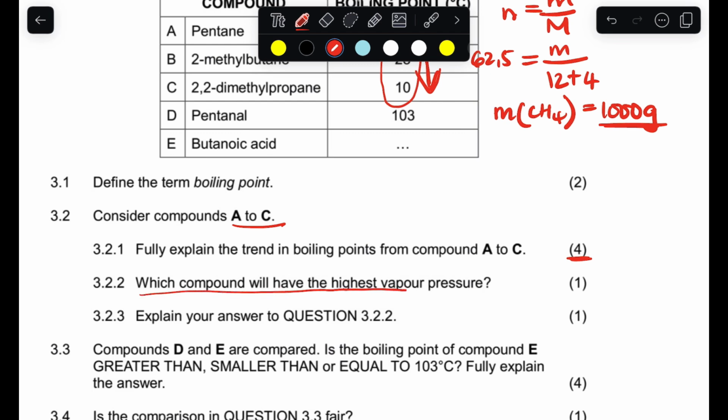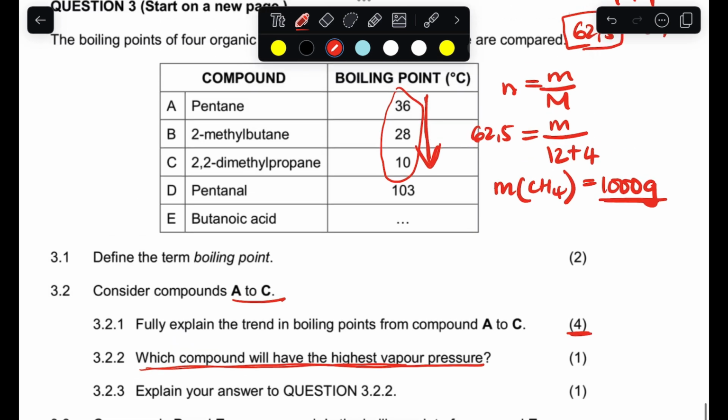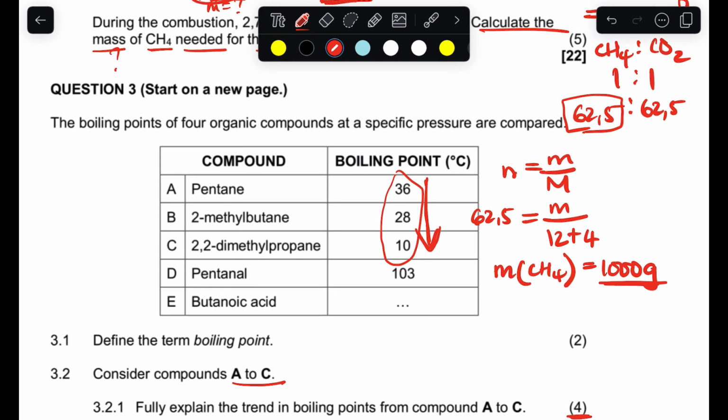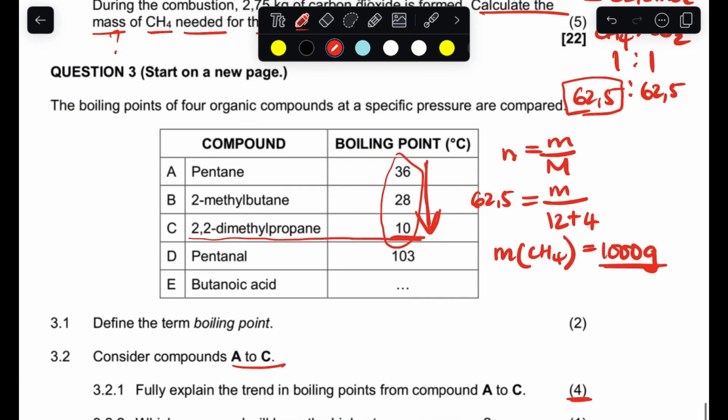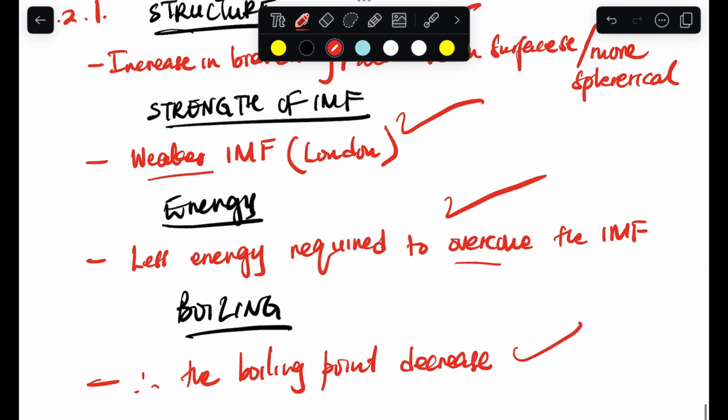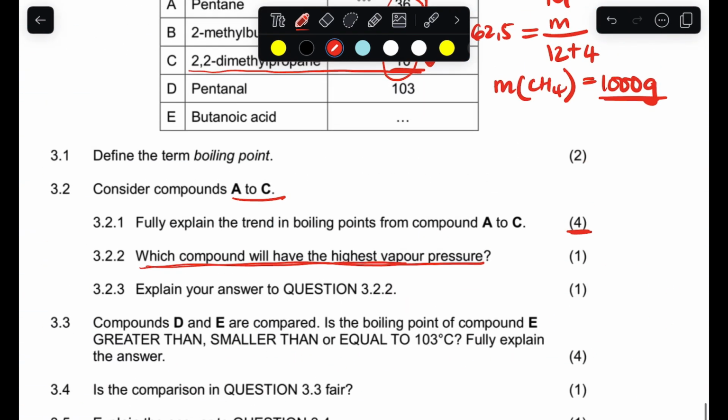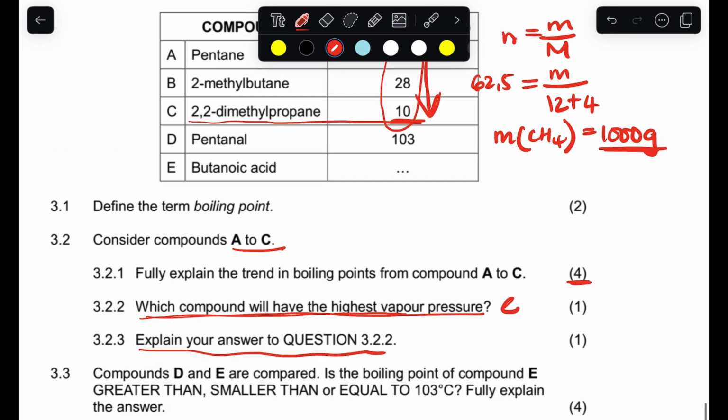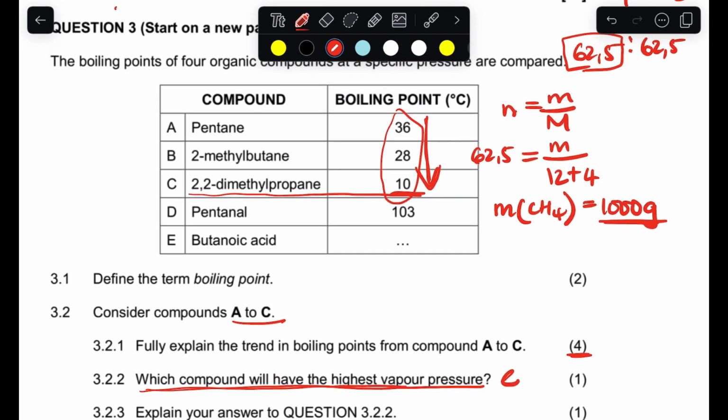Which one of the following compounds has the highest vapor pressure? So the one with the highest vapor pressure, guys, is the one with the lowest boiling point. So it's going to be C. So the answer is C. It says explain your answer.